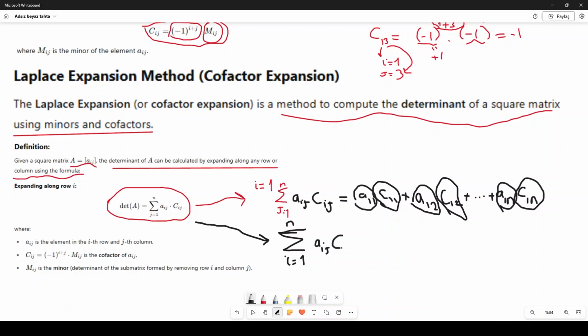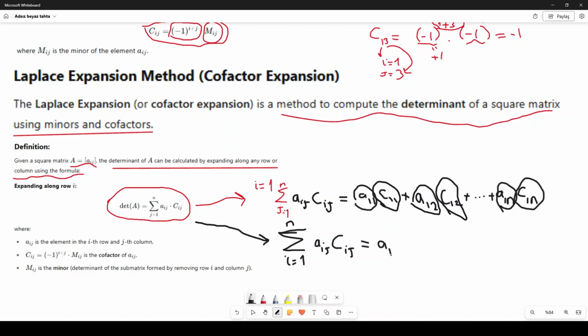So if I write this formula again, there will be no change in the formula. But what is changing this time? We selected a j value. So if I select j equal to 1, then this means we expand along the first column, right? I can again select any column as well.